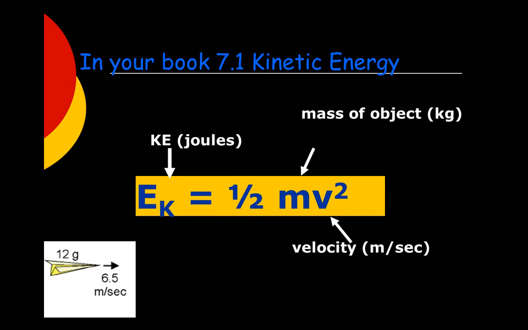Here's the formula. This is why it increases by 4 times. Kinetic energy in joules is equal to half of the mass times the velocity squared. So the velocity is a bigger factor in the change of kinetic energy. Half the mass times the velocity squared.